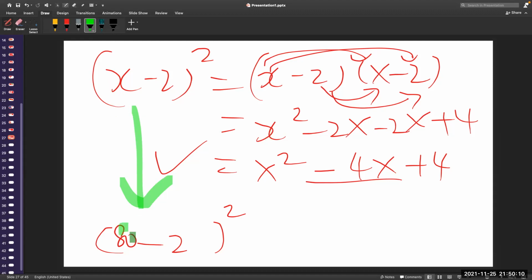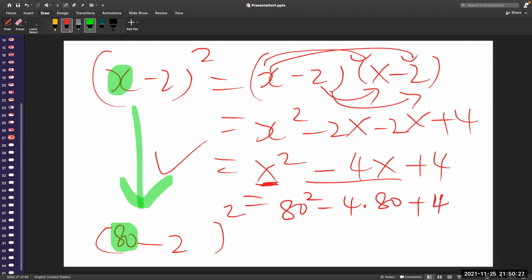The x is replaced by 80 already. So similarly, every x here is also replaced by 80. So that's how you can find out without using a calculator.